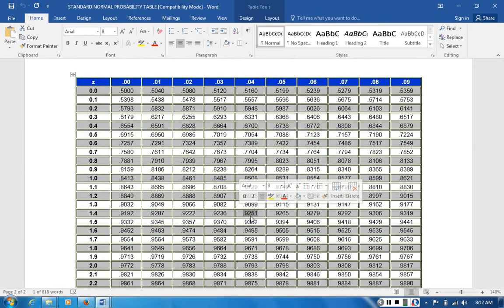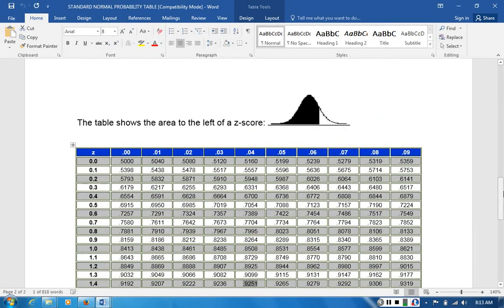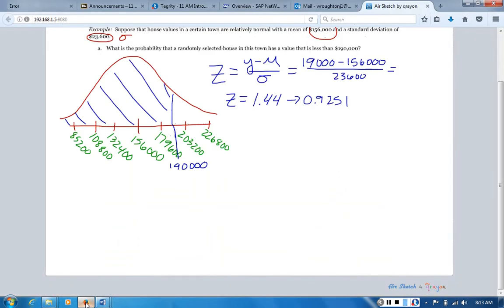Now the next question is, is this number what I want? What I like about this table is it has a little picture at the top that shades to the left. Which way was our picture shaded? Our picture was also shaded to the left, so this is our answer. Our probability is 0.9251.